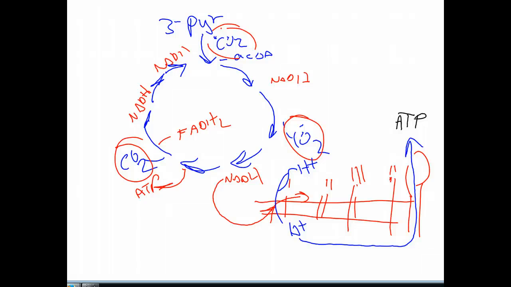The electrons are what's actually moving through the system, and the protons that are moved are what generate the gradient. They both come from NADH. So the NADH is oxidized. It loses its electrons, and those electrons fire all this off.